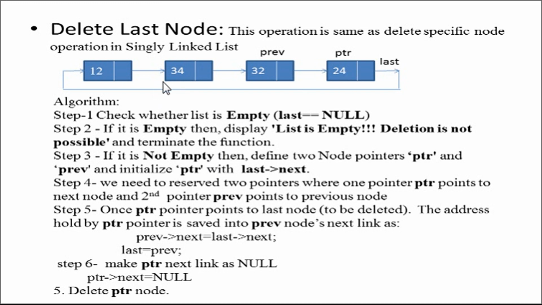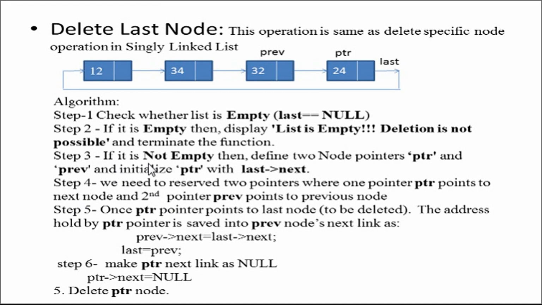And when we are moving the ptr, at that time we need to reserve the second pointer, prev, for the previous node, that is, last is equal to ptr. See that step 3, 4 and 5 show how to delete the last node.